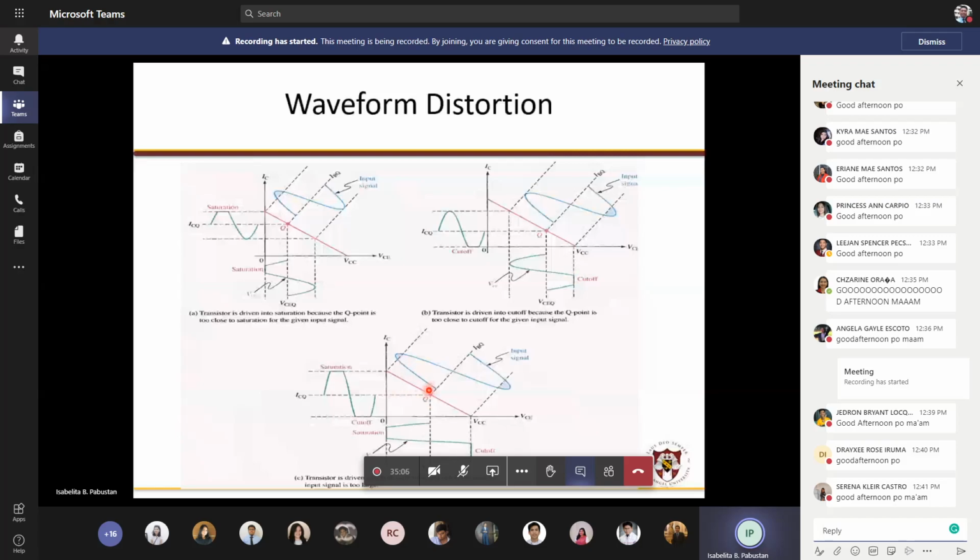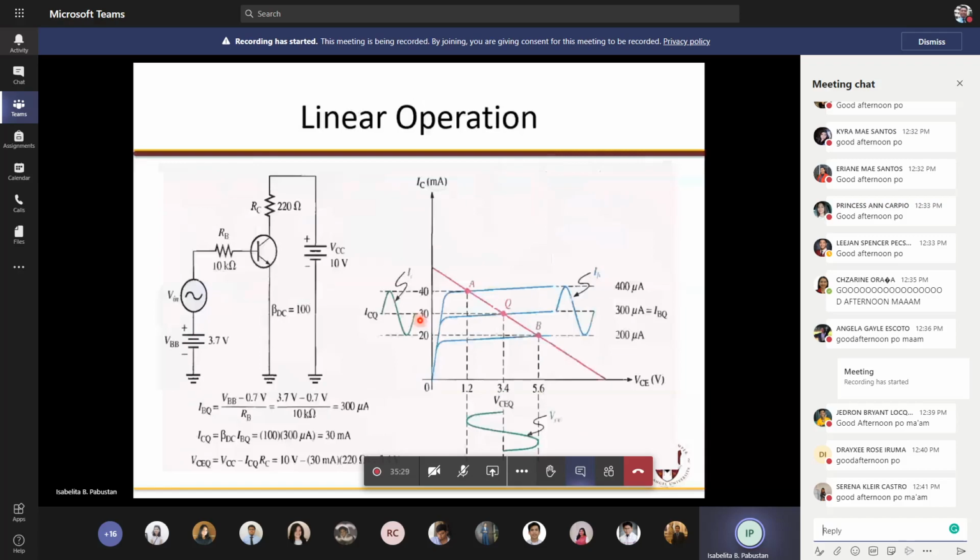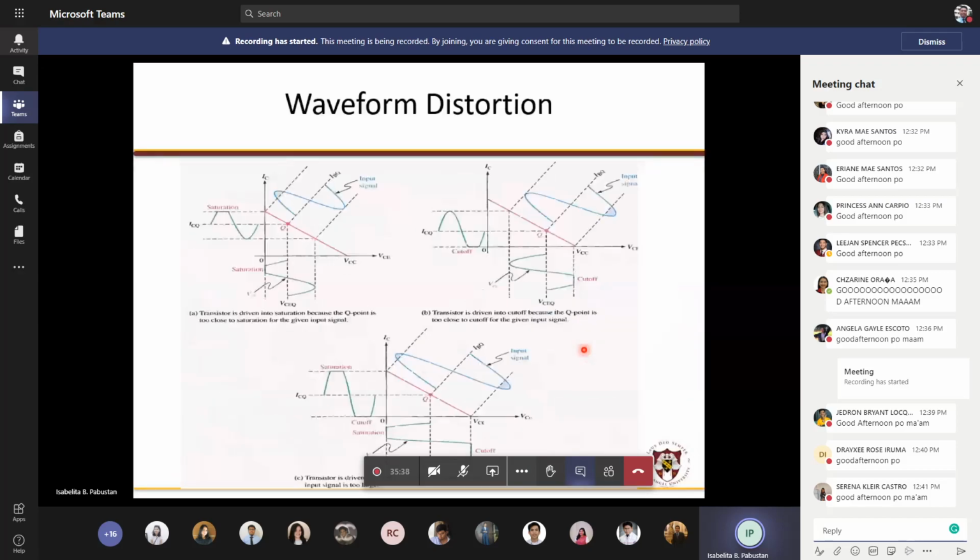Let's say, for example, the input signal is so large. O yan, input signal is so large. Sinakop na niya simula Q point hanggang dito sa saturation hanggang dito sa cutoff. So, hindi rin pwedeng ganon. Hindi kagaya dito, yan, ito sakto lang. No clipping. So, this exhibits linear operation of your amplifier.